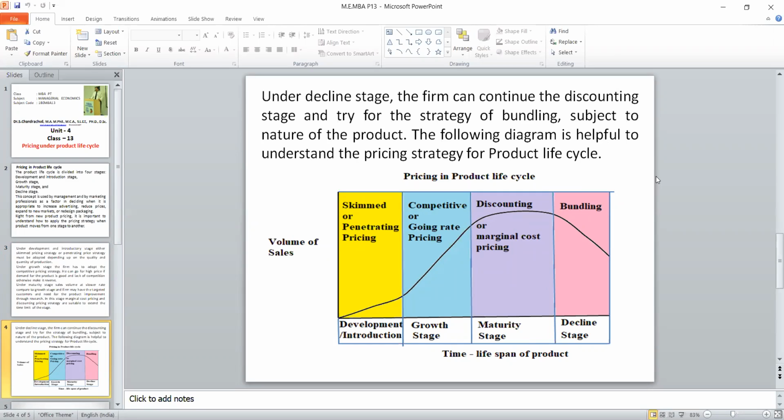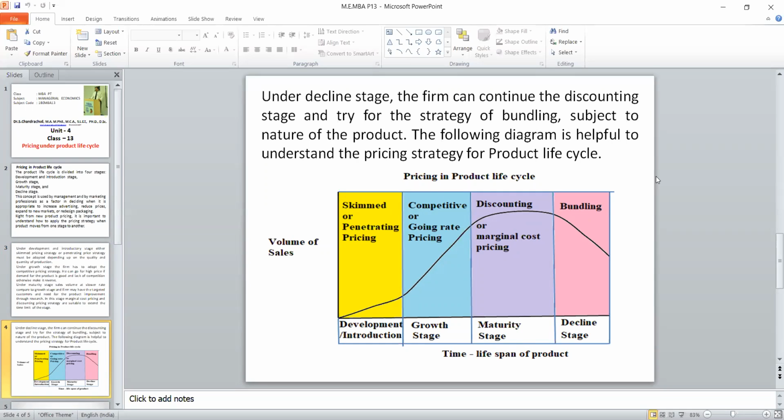So in this stage, based on the nature of the product, either we go for the discounting price strategy or strategy of bundling or combo offer, all these things. After writing about these four stages, you have to draw the diagram. The shape of that particular curve is like a production function.